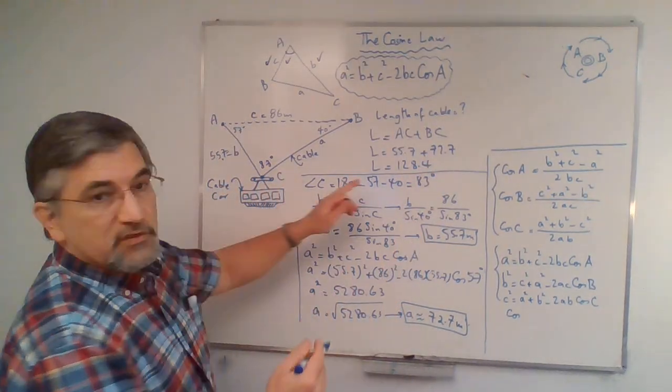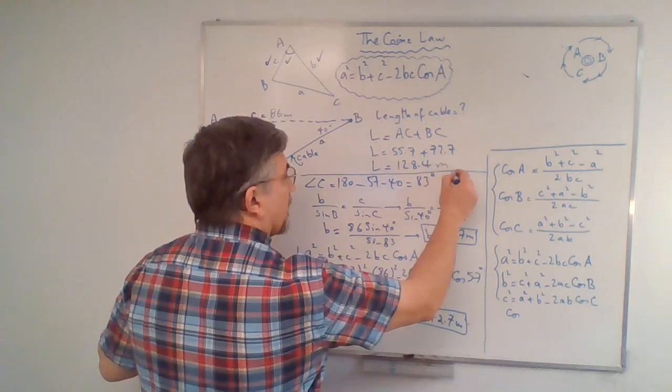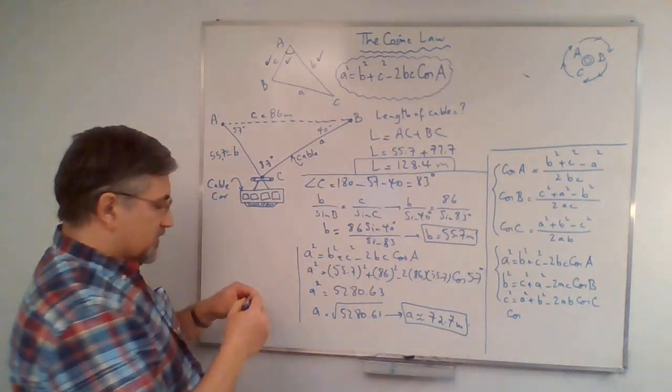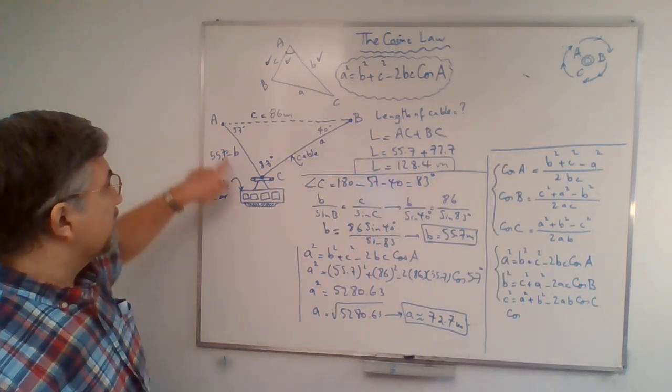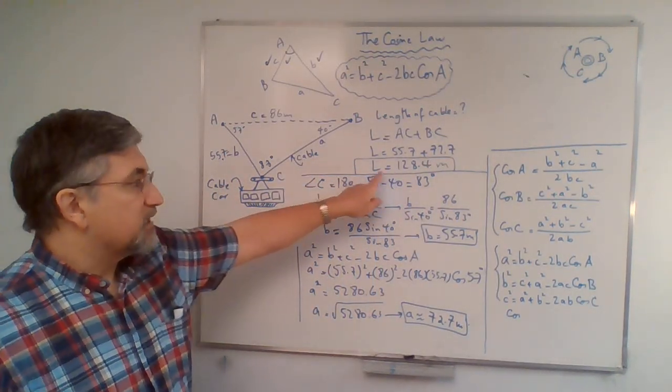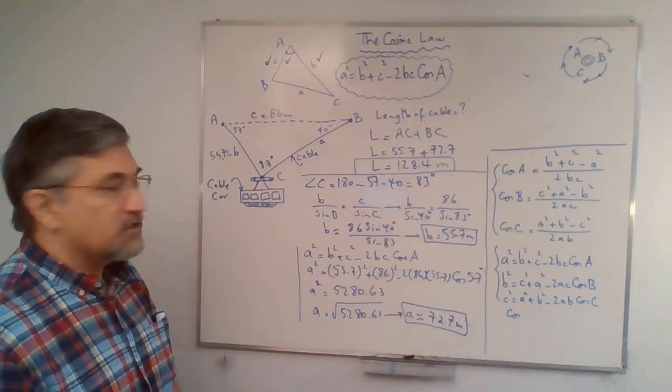The unit of measurement is meters. This is the length of the cable all the way from A to C and C to B, 128.4 meters.